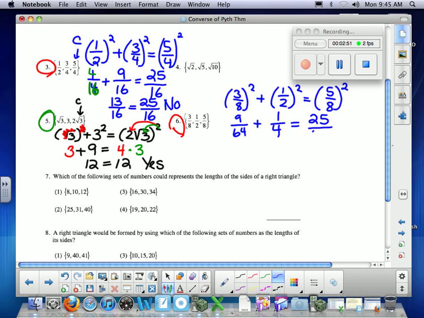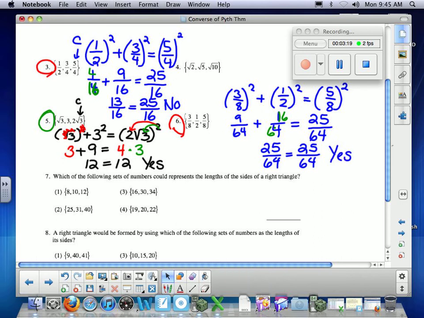To 25/64. I need to make my 1/4 into 64ths. So, does anybody know 4 times what makes 64? 16, good. So this is going to become a 16 over 64. And when I add these together, I get a 25/64 equals a 25/64.